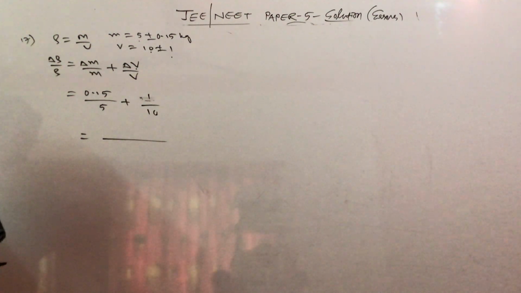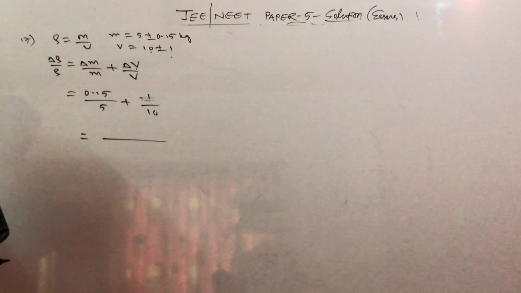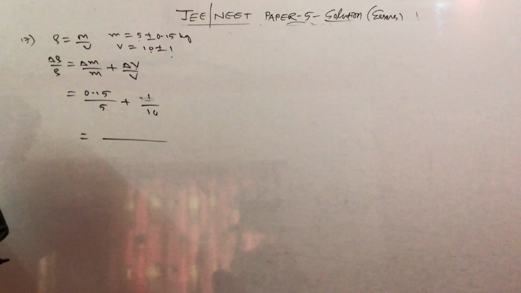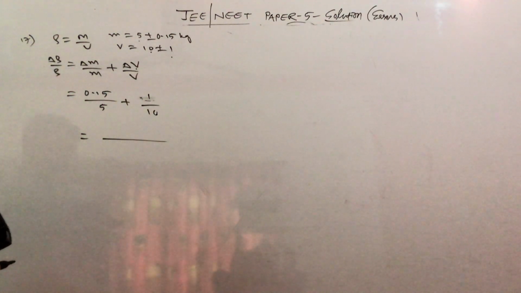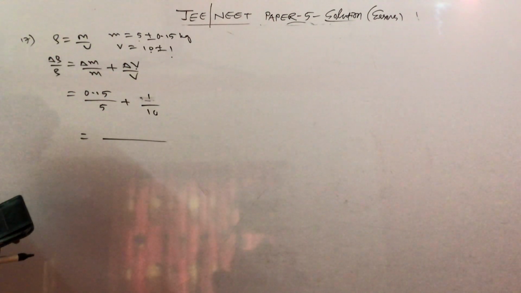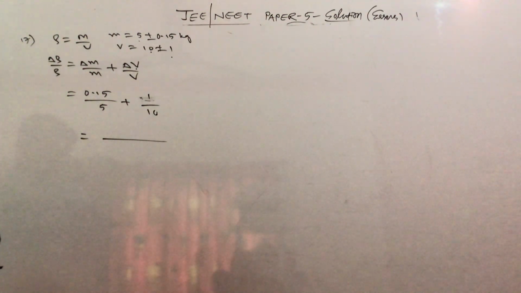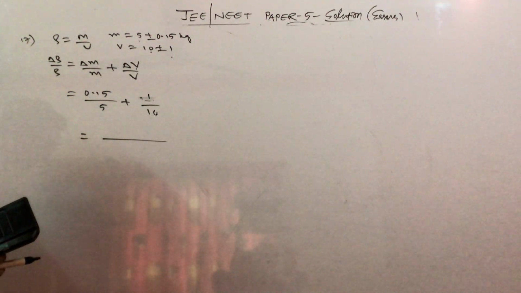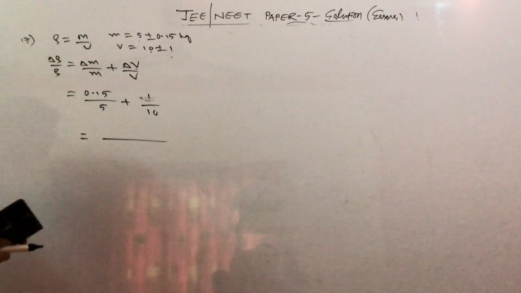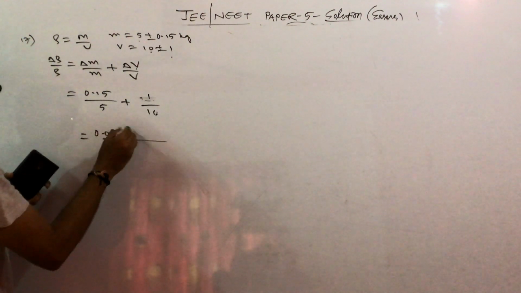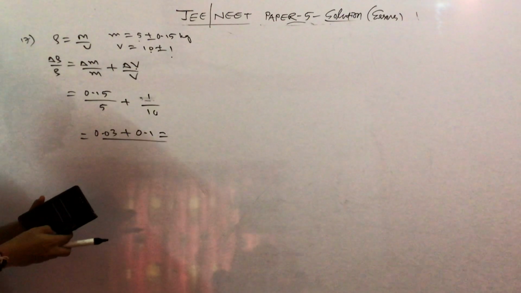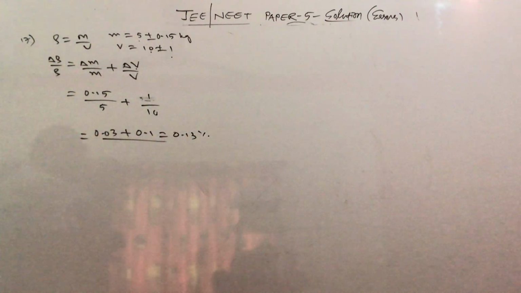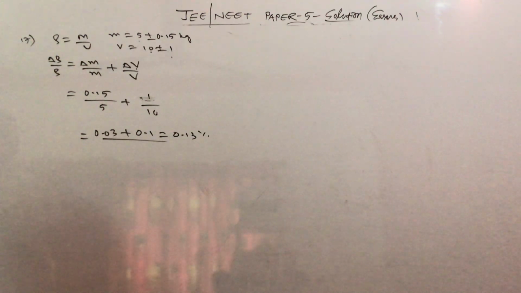Try to solve this question. सिंप्लीफाई करो तो आंसर इसमें देखो 0.03 plus 0.1, that means simply 0.13 percentage. This is your answer, 0.13 percentage. You can see very interesting number 17.